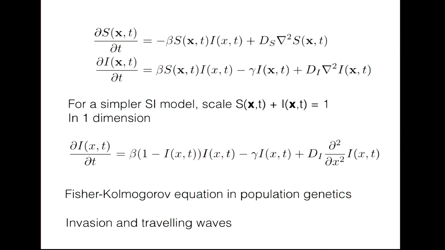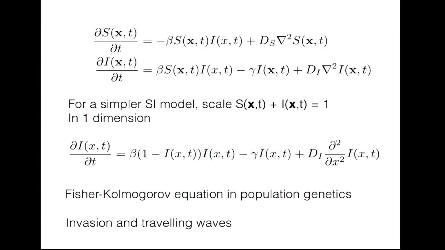So look at the changes that have happened. First of all, S is now a function of space and time. So the interpretation of this is the number of susceptible individuals in some small little box surrounding the location x at time t, and this is how it changes in time. So these terms here are all the standard terms that I would write down if I was writing down an SIR model.